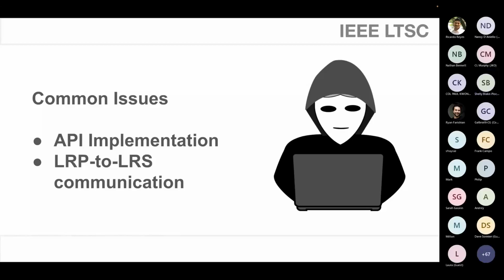So a couple of things. I'll give you an issue. For example, the LRP exposes unencrypted LRS credentials to users of a web browser. These could appear, maybe they're hard-coded into the JavaScript of a web page.